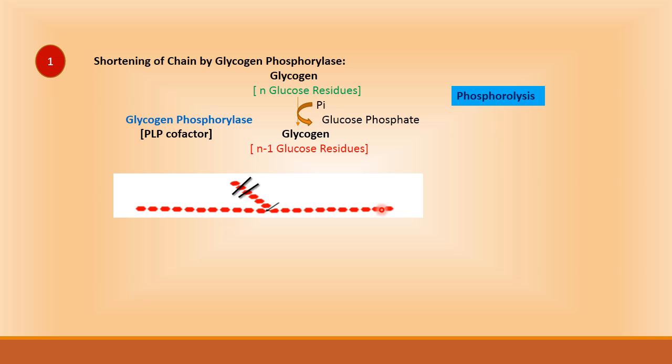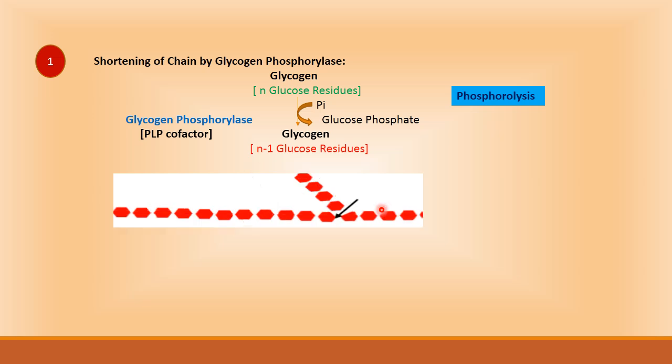The glycogen phosphorylase will start acting from the non-reducing end of the glycogen and it will start trimming the glycogen molecule until there are 4 glucose residues from the branching point. So, you can see that there are 4 glucose residues from the branching point on the other side.